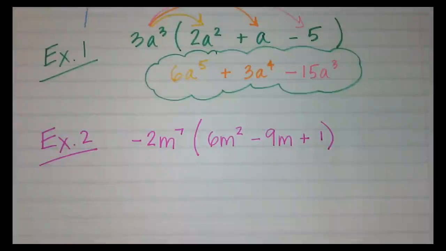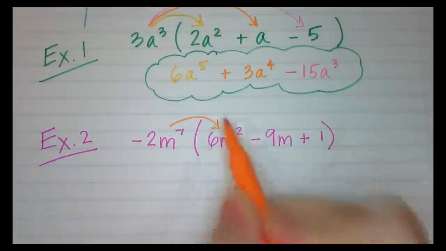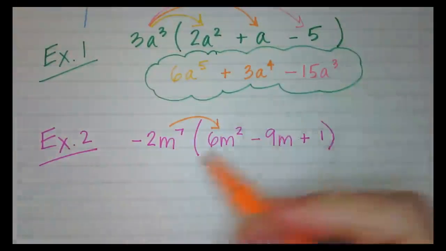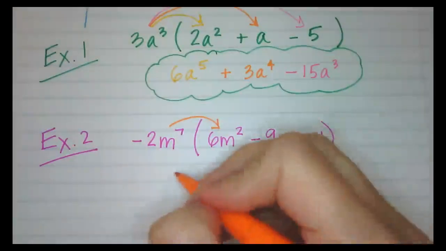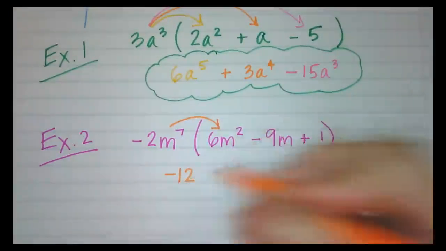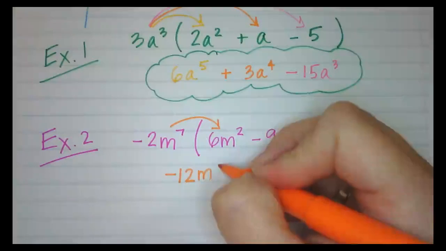Again, all of this is the distributive property. First, I'm going to multiply these two together, and I get negative 12m to the 9th.